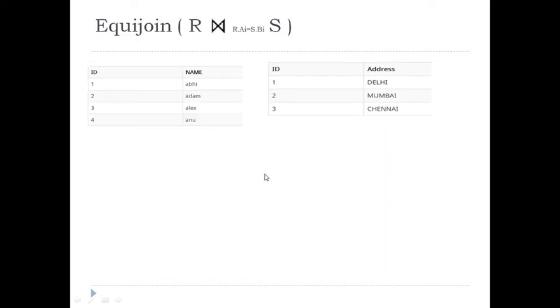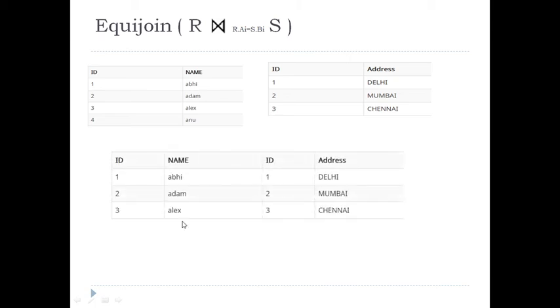And then equijoin. Equijoin means I have to specify the condition over here. So condition, I'll write r dot id equal to s dot id. What happens in the result? We'll get only the matching tuples based on this condition.